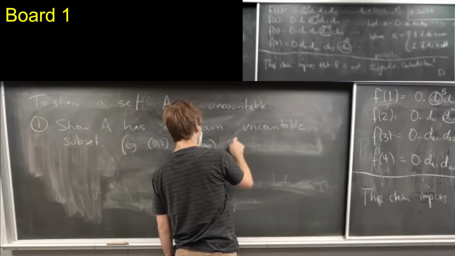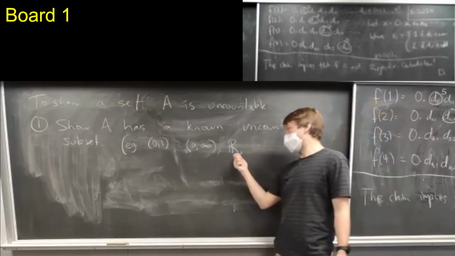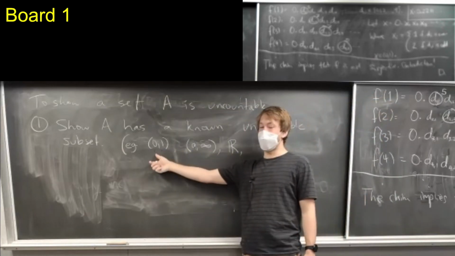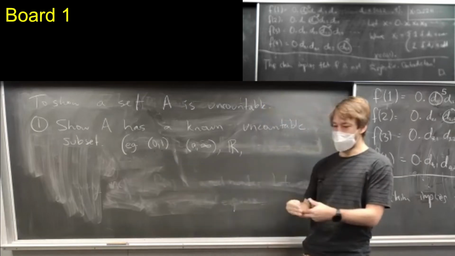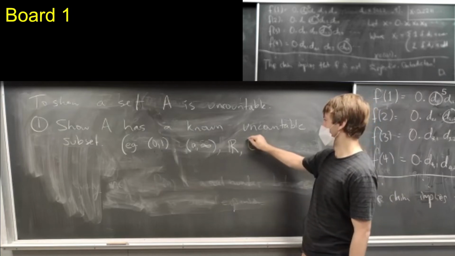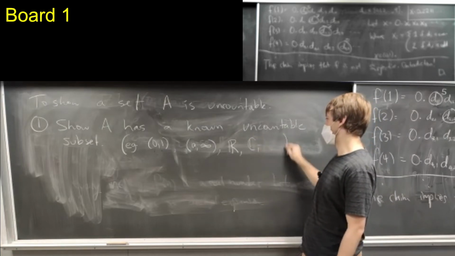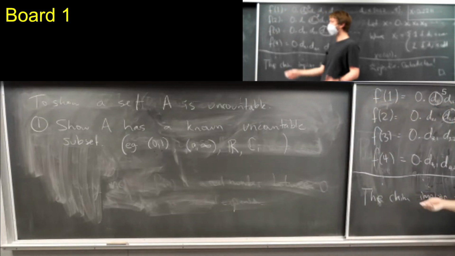The reals are uncountable. The reason that the real numbers are uncountable is because it contains 0, 1 as a subset, right? So if you contain an uncountable subset, then you're uncountable. The complex numbers are uncountable because they contain the real numbers, and so on.